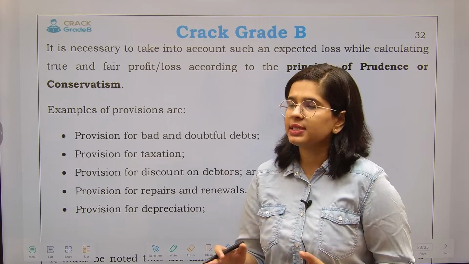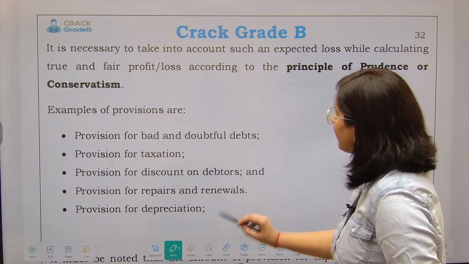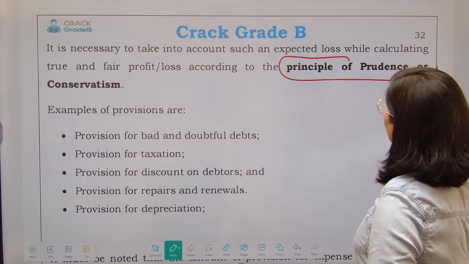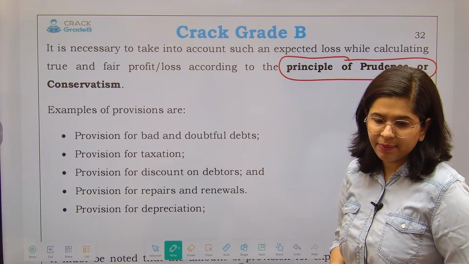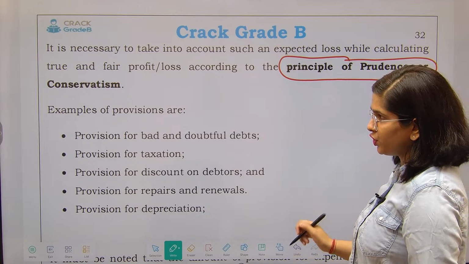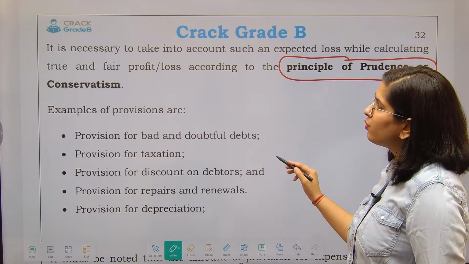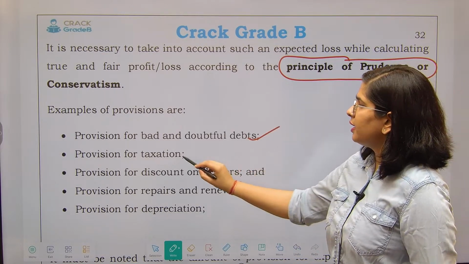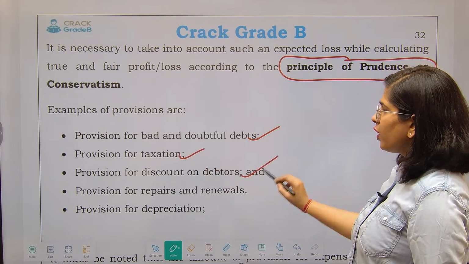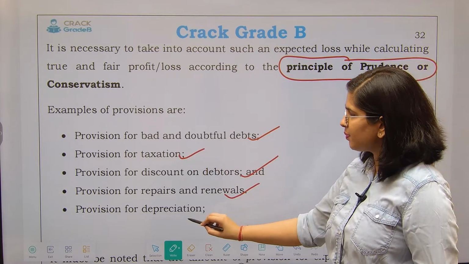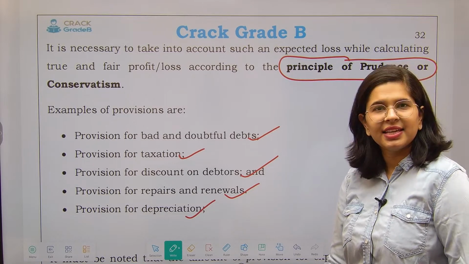It can be asked. So please always remember that it is the principle of prudence or conservatism. Because of that we create the provisions. Now what are the examples of provisions? Doubtful debt, taxation, discount on debtors, repairs and renewals, provision for depreciation.